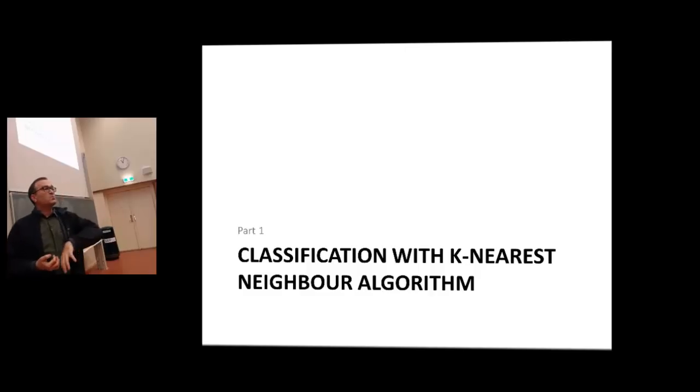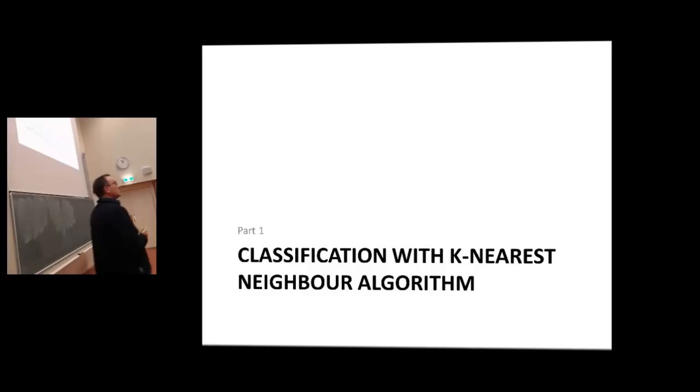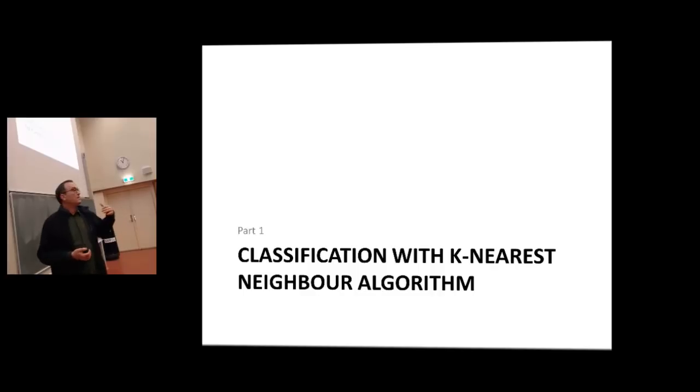That's one where you don't build a model up front, but where you decide classes by comparing to other already classified objects. You look at what you've already seen, and you decide on classifying according to the instances that you have already seen. The basic idea is what's called k nearest neighbor learning.